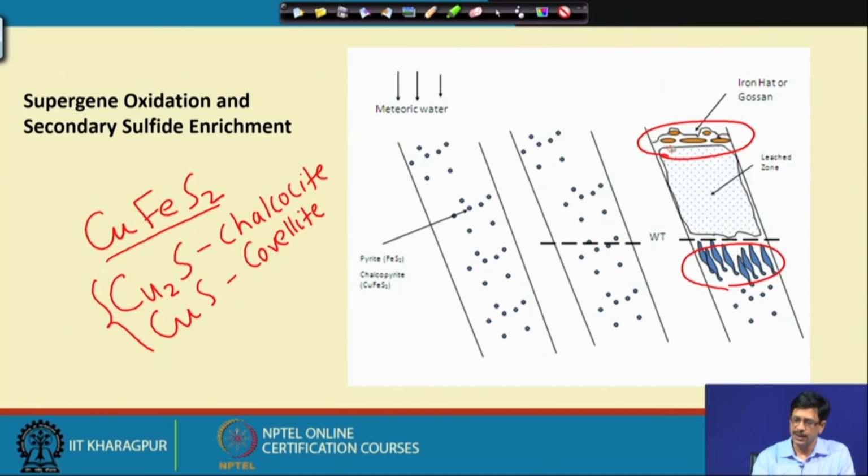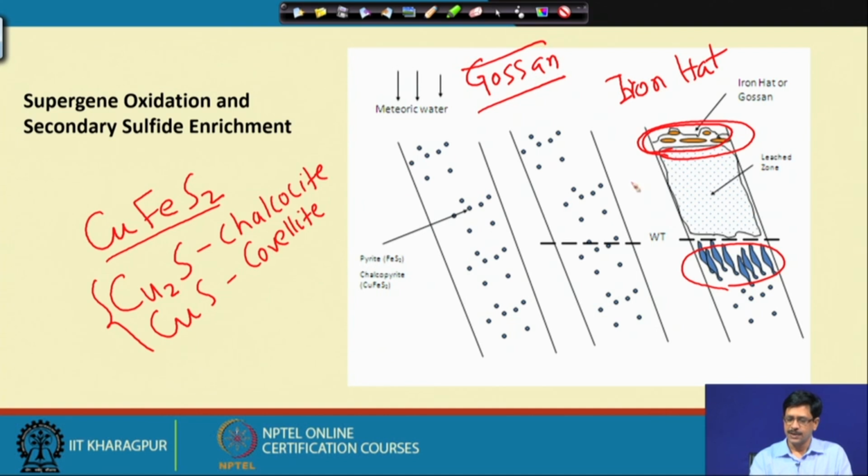So, what is shown here with this orange colored material is called an oxide cap, or oxide-rich iron cap, or in mining geology terms it is also called iron hat. This is also very popularly known by one term, which is called gossan.